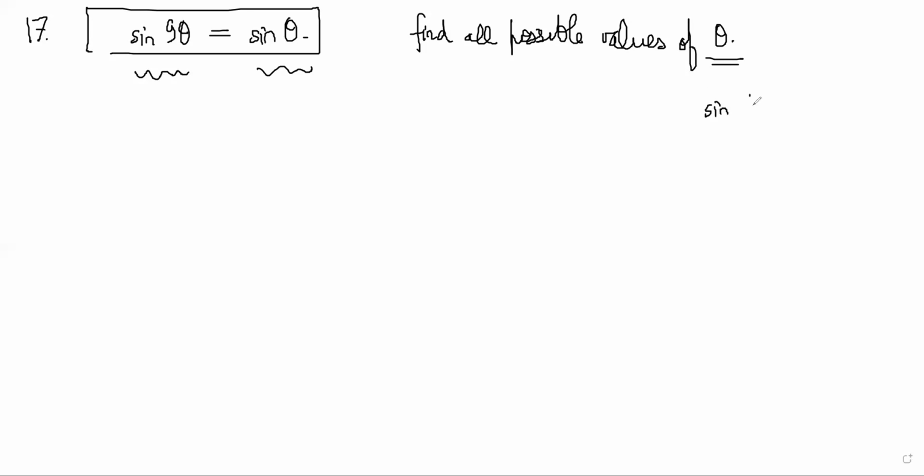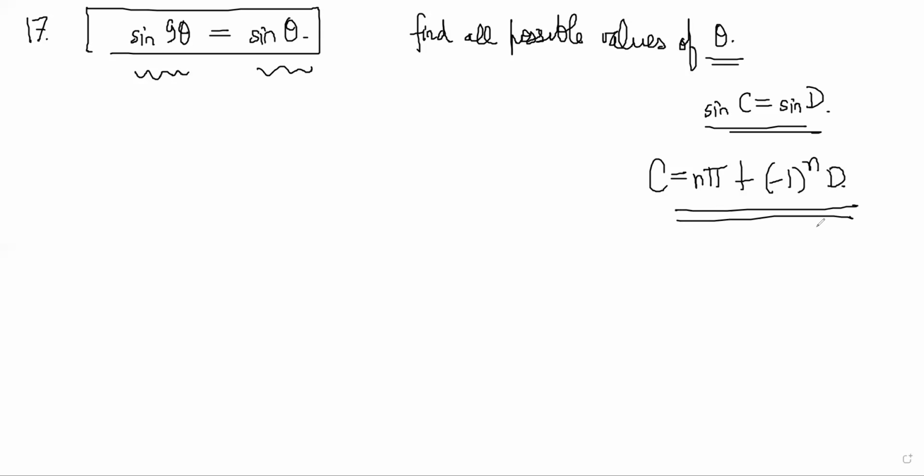If it was like this, I would have written c is equal to n pi plus minus 1 to the power n into d. So here you can directly write 9 theta is equal to n pi plus minus 1 to the power n into theta. C is 9 theta, D is theta.